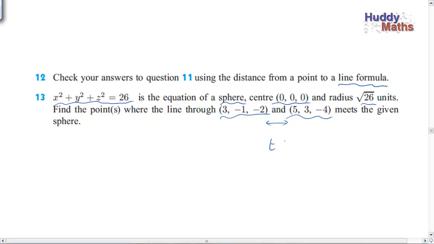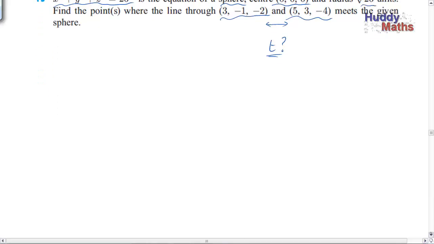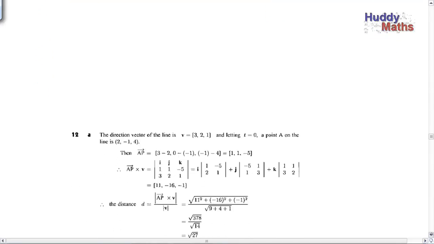You have to hunt for a t. And if it's a point, how will you specify it? An unknown point on the line, you will use the parametric equations to specify the general point. Think about it. I'll get you to pause it now and have a go, and I'll show you the answers. Here we go. Here are the answers here.